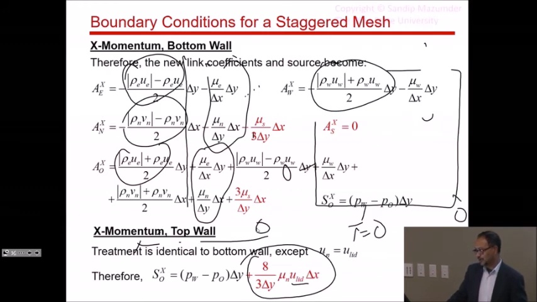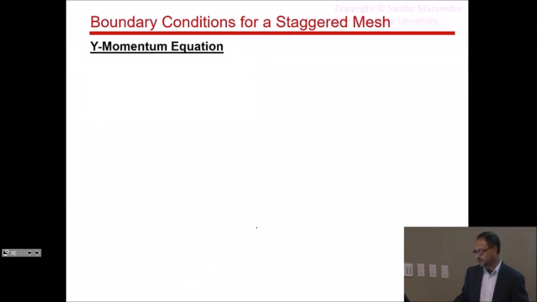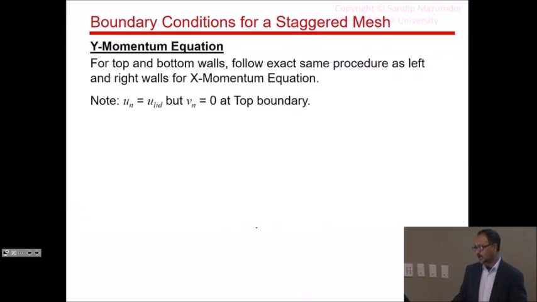Okay, so everybody clear on where the non-zero solution starts from? That's from this term right here. Okay? At least for this problem. Now, Y momentum, same idea. For top and bottom walls, follow exact same procedure as left and right walls for X momentum, okay? Because you're now going to have nodes, V nodes for the top and bottom walls, okay?